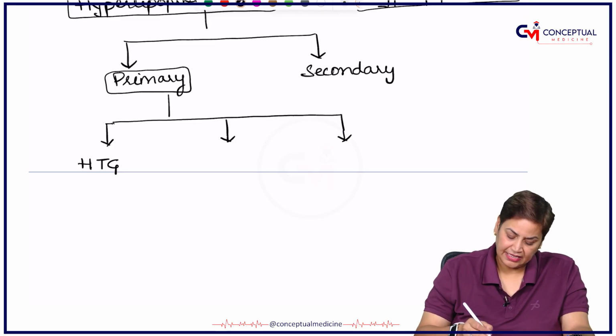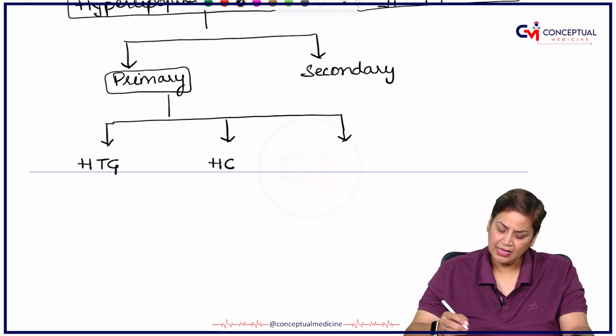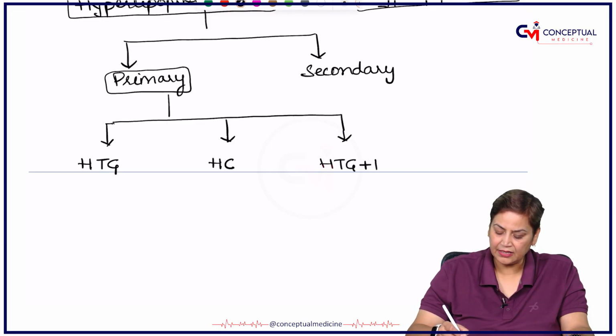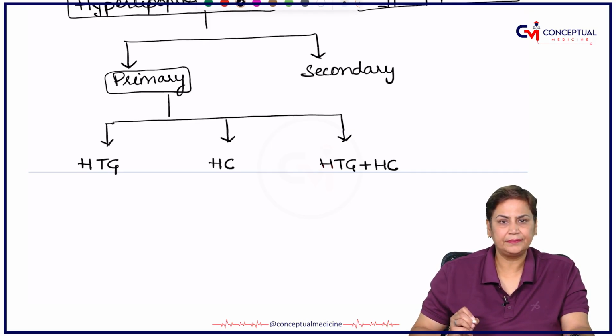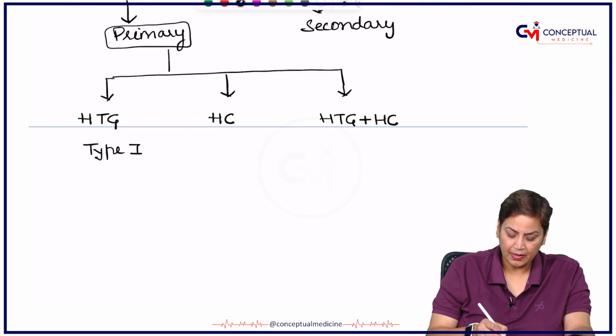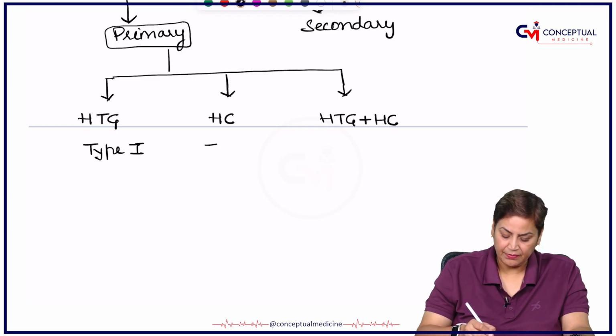In second, there will be an increase in cholesterol, so it is hypercholesterolemia. And in the third category, there is an increase in both triglycerides and cholesterol. So when there is increased concentration of TGs, it is type 1. When there is increased concentration of cholesterol, type 2.